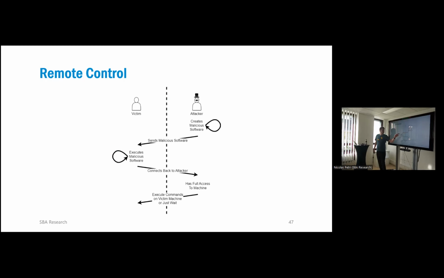This is then executed on the machine, connects back to the attacker, and the attacker then has full access to the machine. They can basically type like they were sitting in front of the computer, or look over your shoulder and see what you're doing. So this is, of course, extremely valuable for an attacker, and this is how those attacks normally work nowadays.